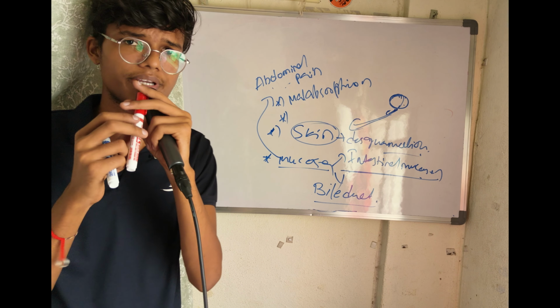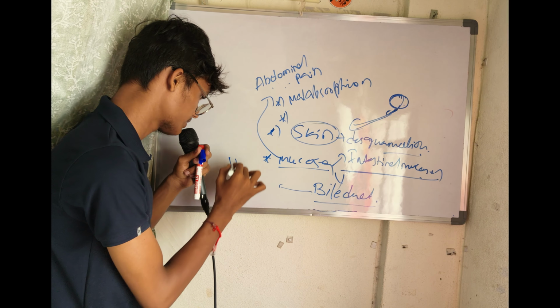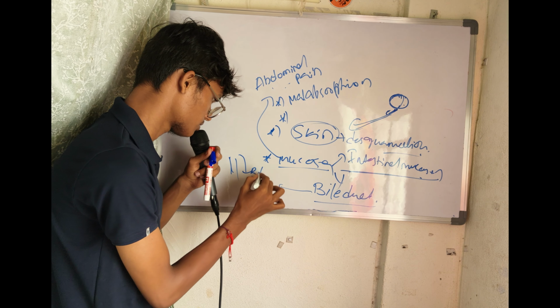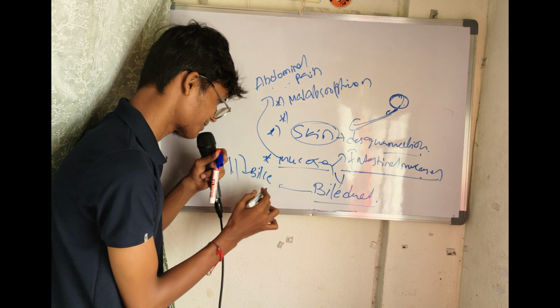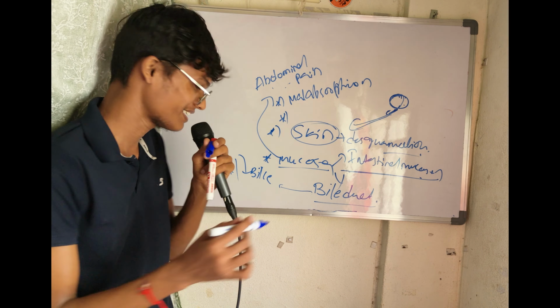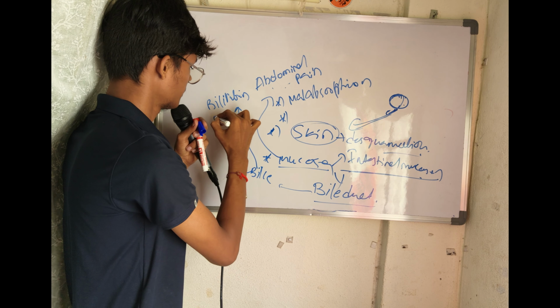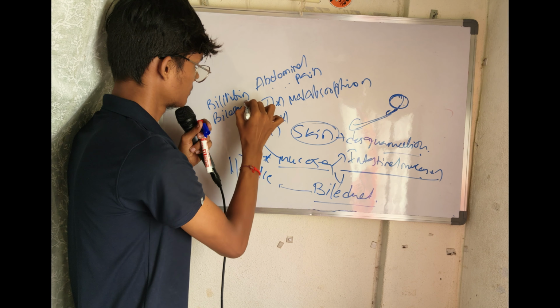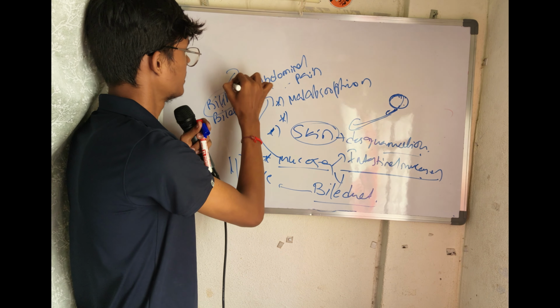Okay, in the bile duct, see, this bile duct is opening into the intestine, right? This bile duct will carry what? Bile juice. What are the constituents of bile? That is bilirubin and bile salts, right? So this bilirubin will accumulate.